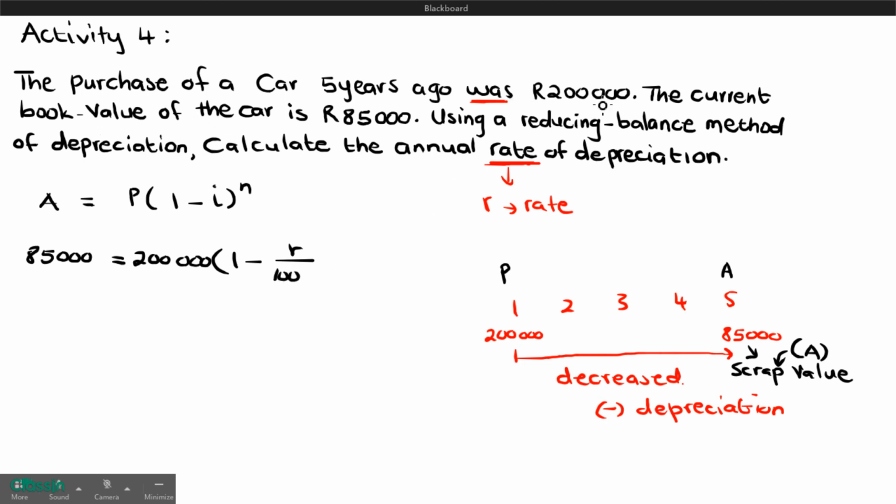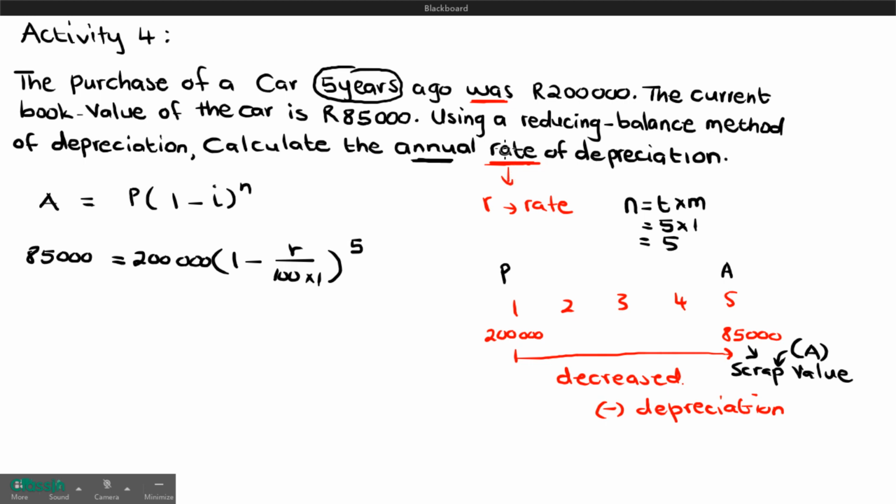They said calculate the annual. You remember the term annual. Annual means 1. Therefore, for how many years? It says 5 years there. And N is equal to T multiplied by M, which is 5 multiplied by annual 1. Therefore, N is equal to 5. Then we put 5 there.